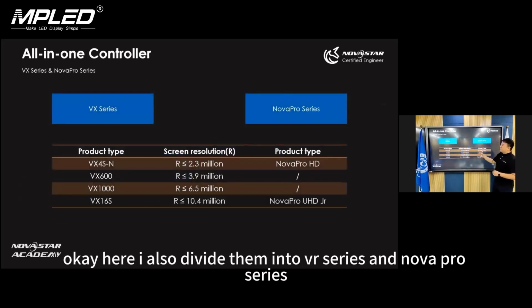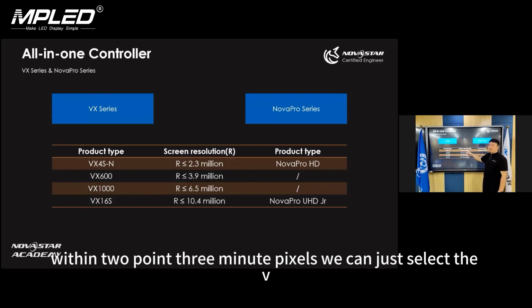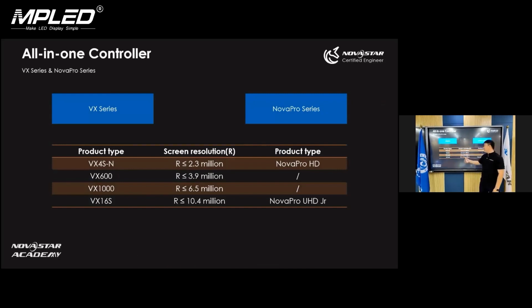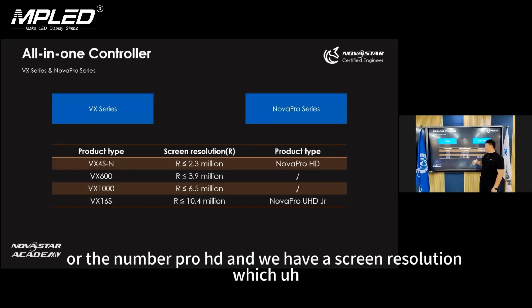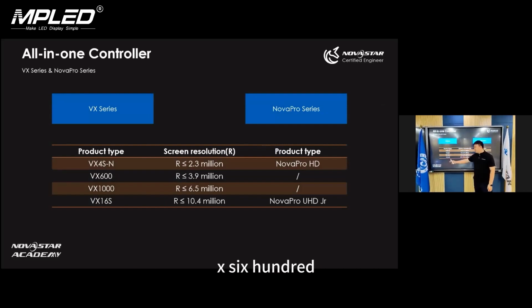Here I also divide them into the VX series and the Nova Pro series. If we have a screen whose resolution is within 2.3 million pixels, we can just select the VX4S or the Nova Pro HD. If the screen resolution is within 3.9 million pixels, we can choose a VX600.